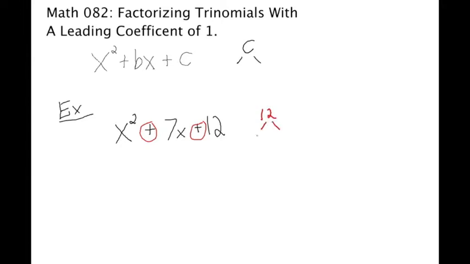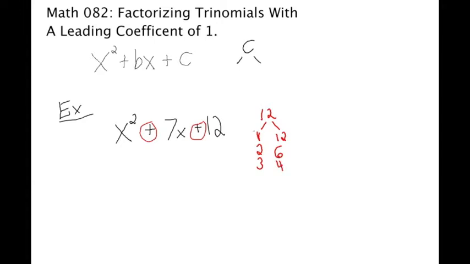So to start off our factors of 12, we know 1 times 12 is 12. Another set of factors is going to be 2 and 6. Another would be 3 and 4. After that, there's no more.